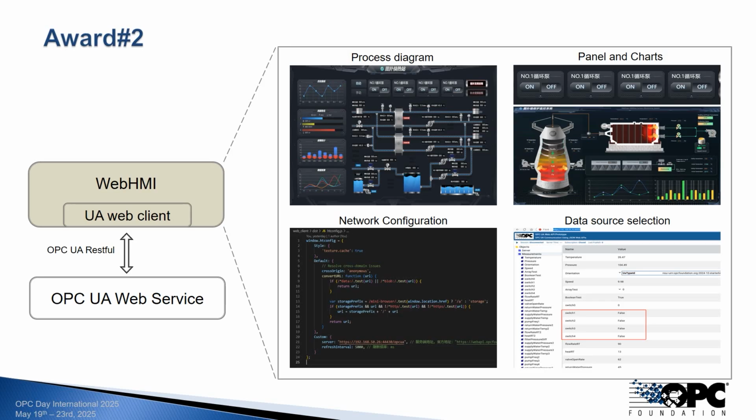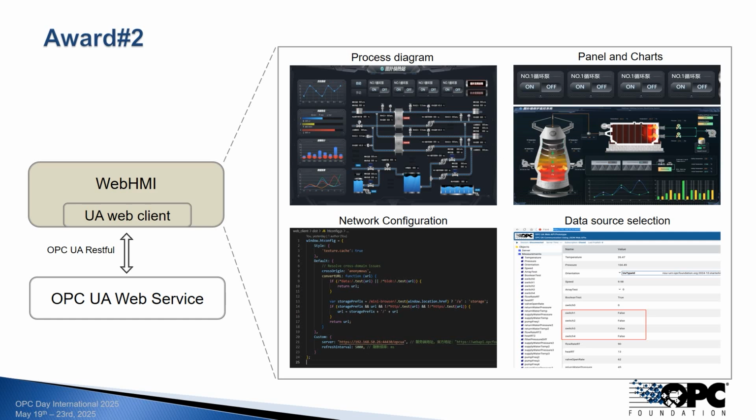To communicate with the UA web server, the product team implemented an OPC UA web client in their product. And because this web client is very friendly with web-based applications, their development went very quickly.